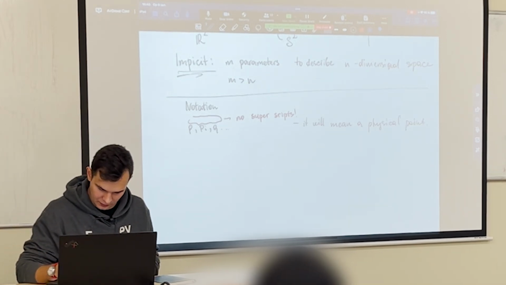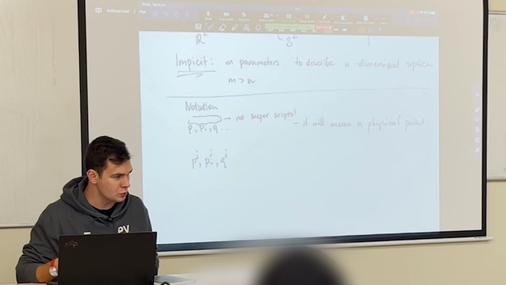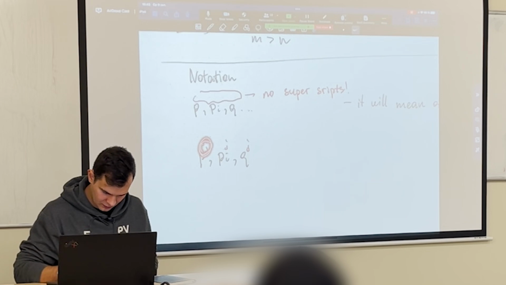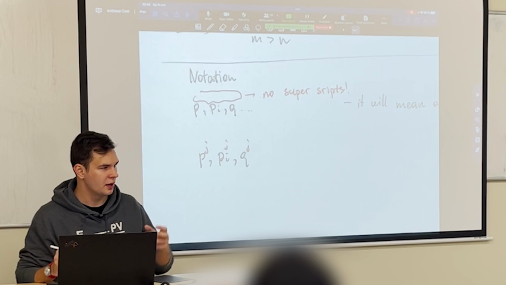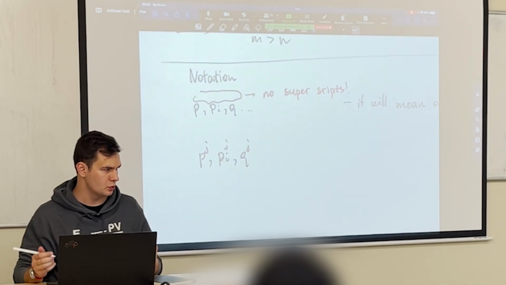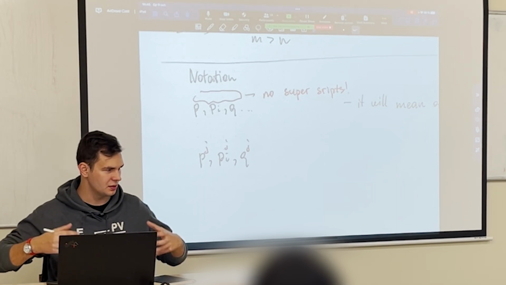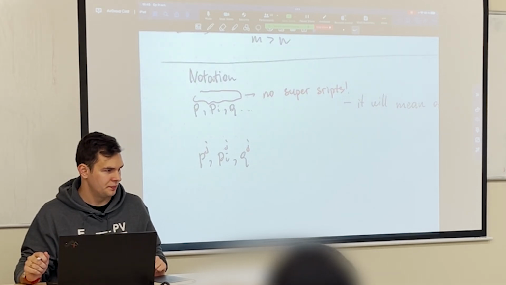Now a superscript. For example, P, comma, Pi, comma, Q, but with J, this J is a superscript. You see? There is nothing else here, but here we have a letter, and this letter is called a superscript. It's not in the power of J, it's just an extra letter next to the letter.